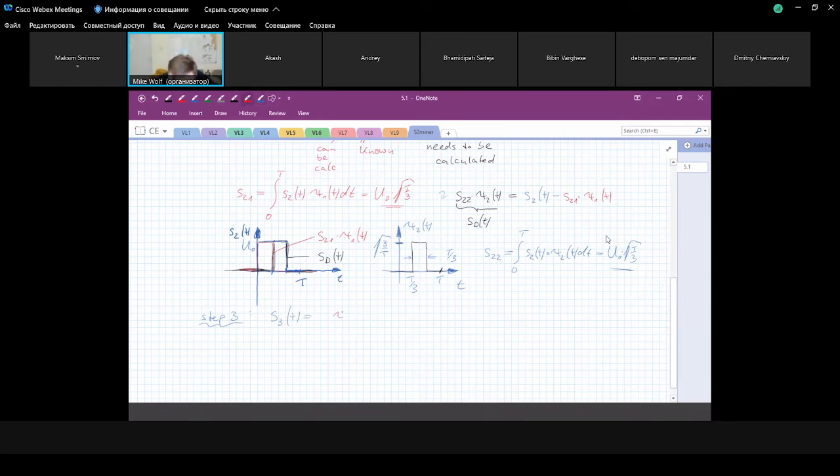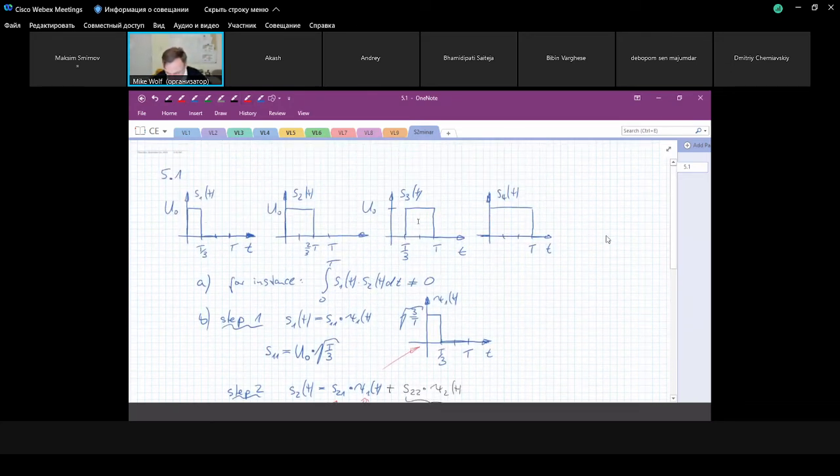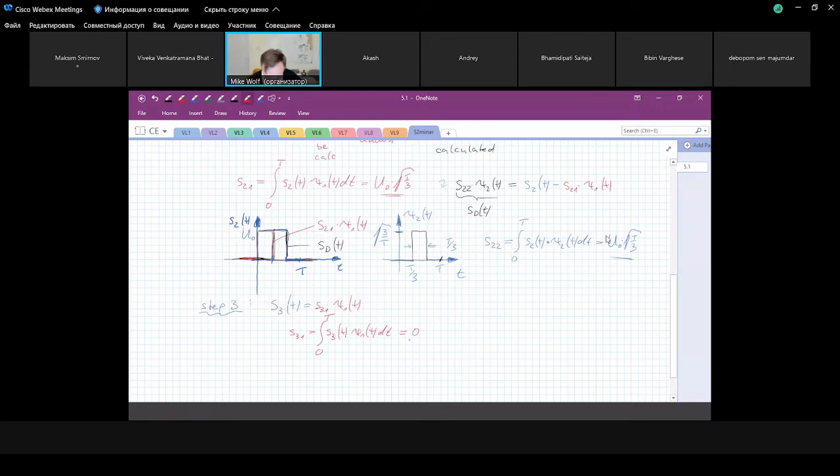We know C1 of t, and we can easily find S31, because S31 is equal to the integral of S3 of t times C1 of t dt. The question is, how large is it? So this signal times this basis function integrated over the time. What's the result? If I multiply this with this and integrate over the time, what do we get? 0. Yeah, it's 0. Exactly.